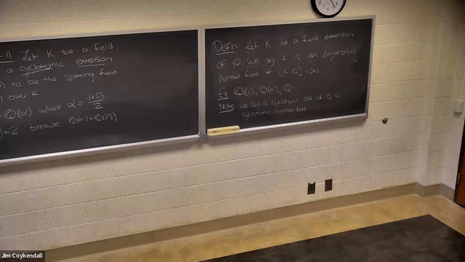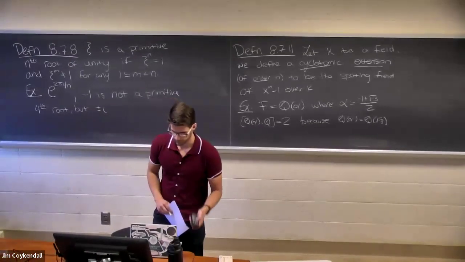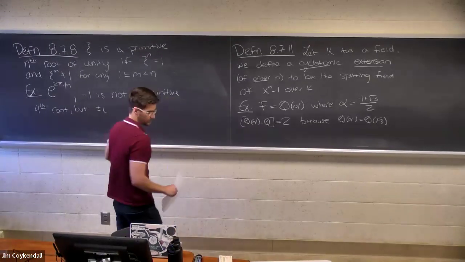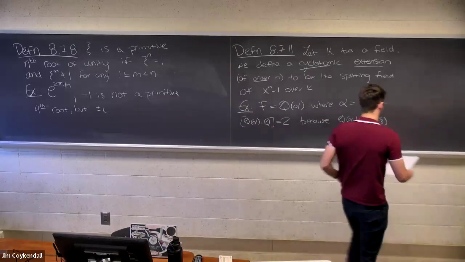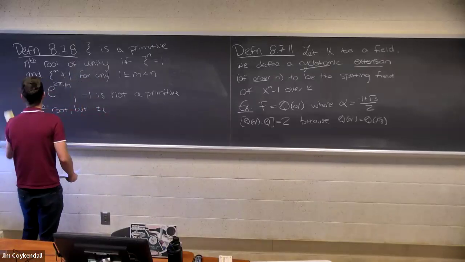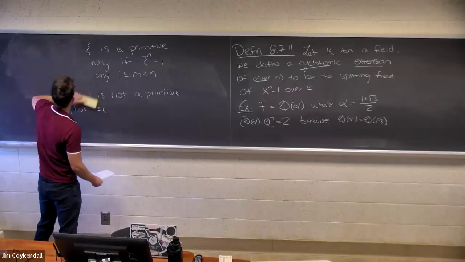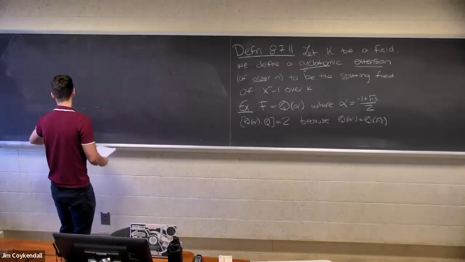Any questions so far? So first, let me just talk about some of the nice properties that these cyclotomic number fields have. Remember, this is just going to be the splitting field of x to the n minus 1 over the rationals.